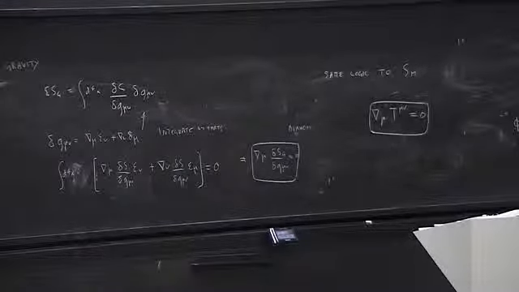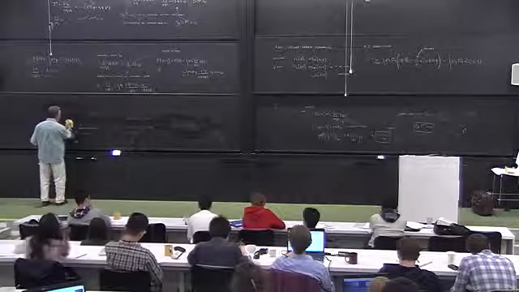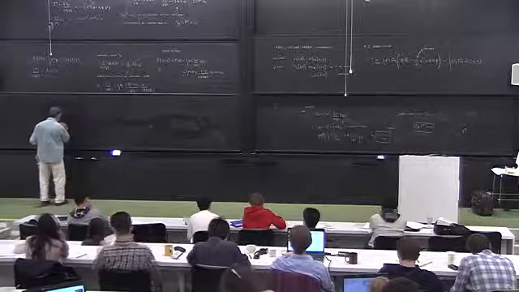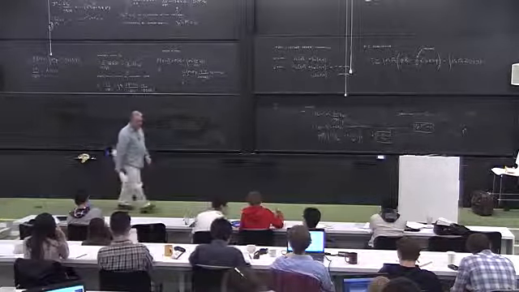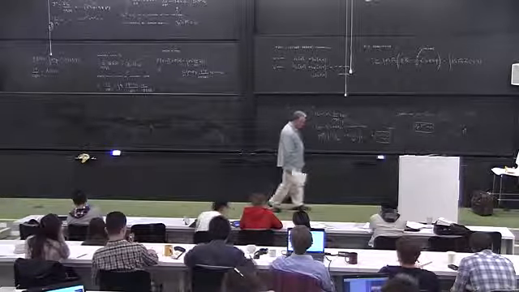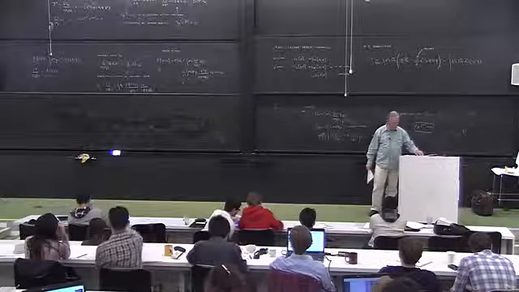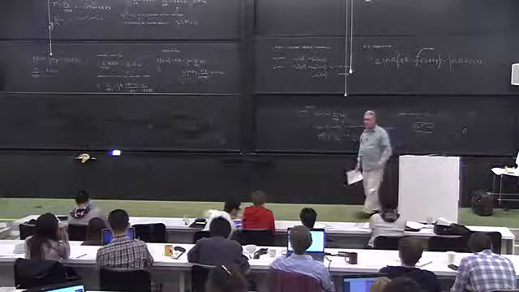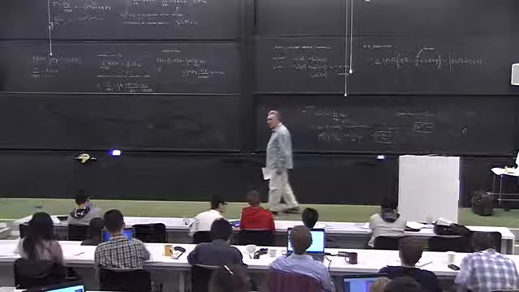So there's a big gap in our analysis. Bosons have integer spin and obey Bose-Einstein statistics. Fermions have half integer spin and obey Fermi-Dirac statistics. In particular, they obey the Pauli exclusion principle.